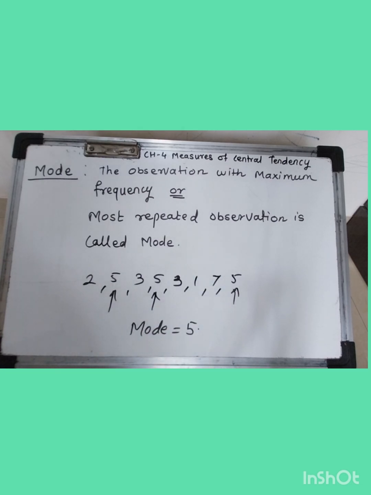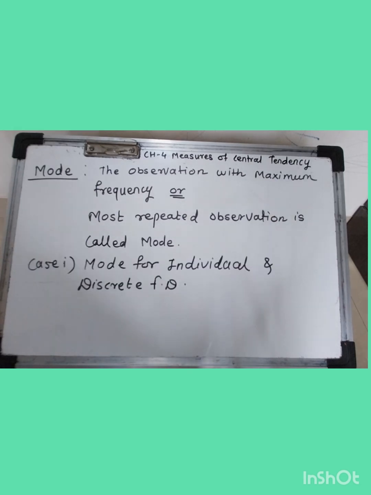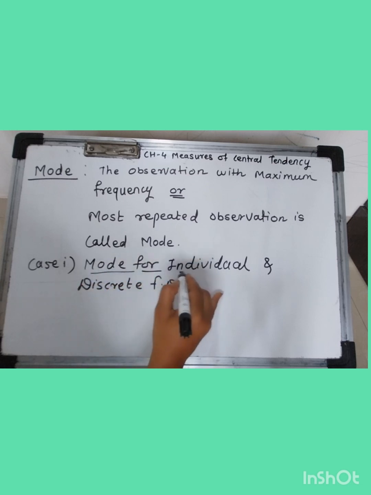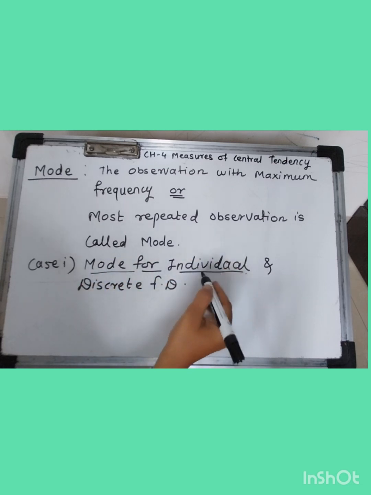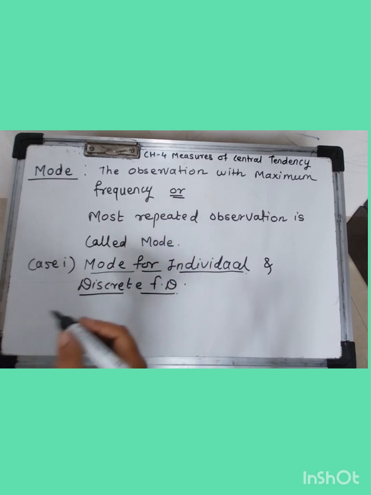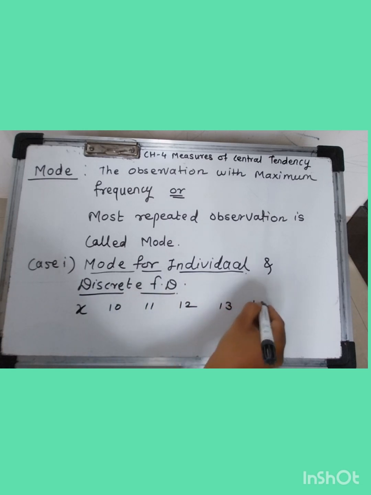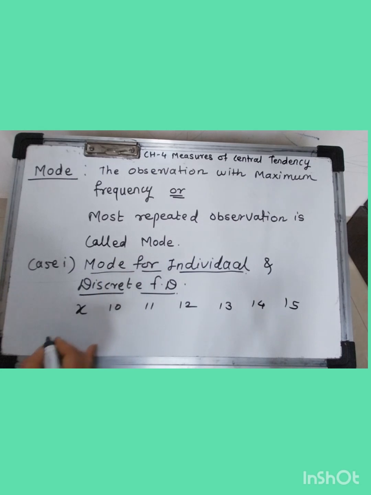Okay. In the second case, for individual observations, the repeated value is the mode. Okay. For discrete frequency distribution, suppose x is 10, 11, 12, 13, 14, 15. Okay, discrete values, single values.